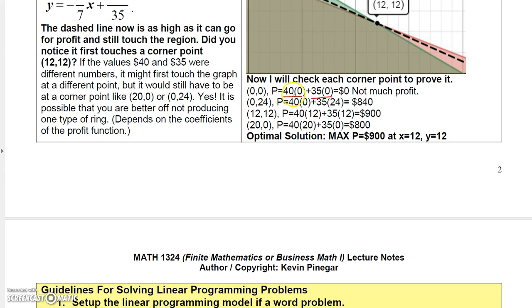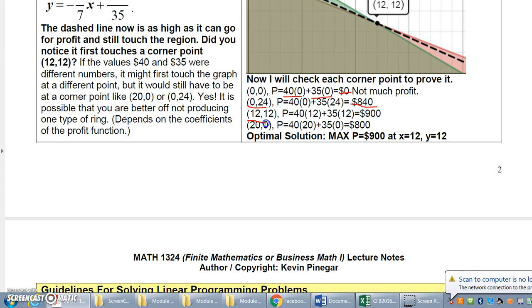If I plug in 0, 0, obviously I get a 0 profit, which makes sense because if you don't manufacture anything, you're not going to get a profit. And then another corner point was 0, 24. If I plug that in, I get 40 times 0 plus 35 times 24, which gives me 840, obviously better than 0. If I plug in 12, 12, then I get 40 times 12 plus 35 times 12, and that's going to give me $900 profit.